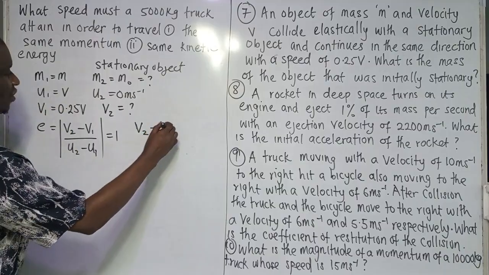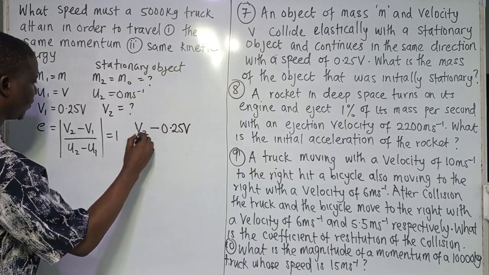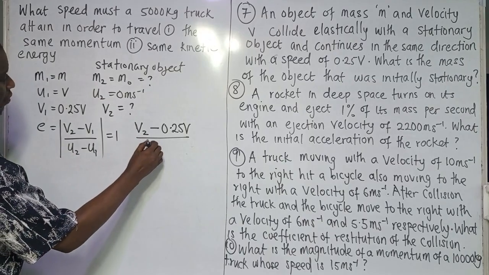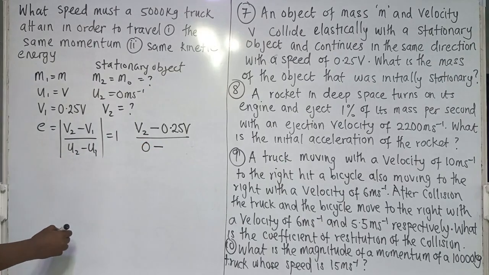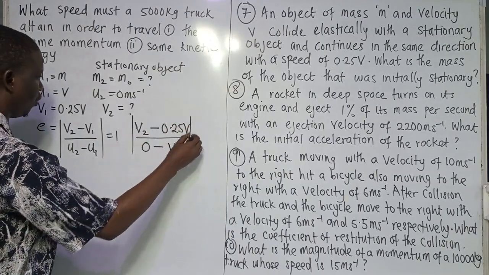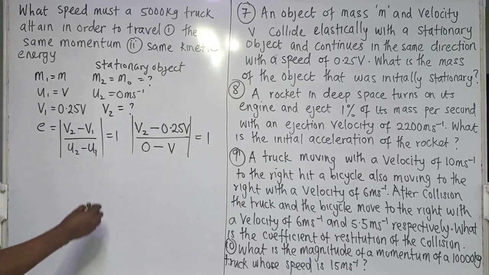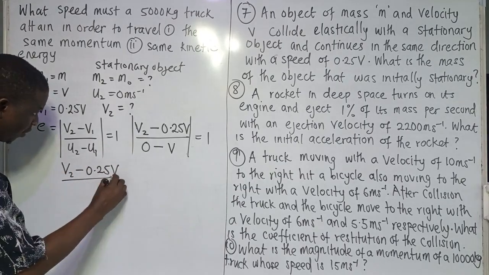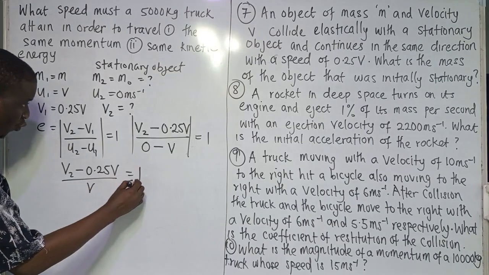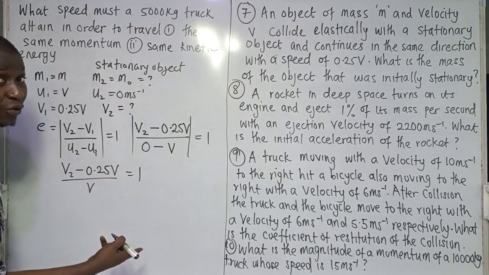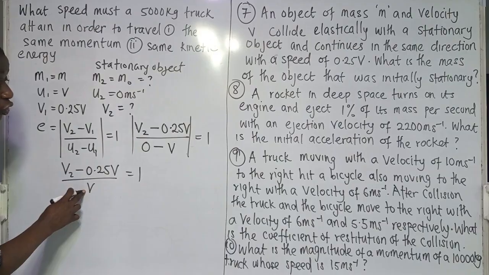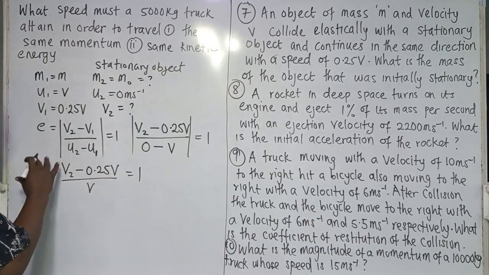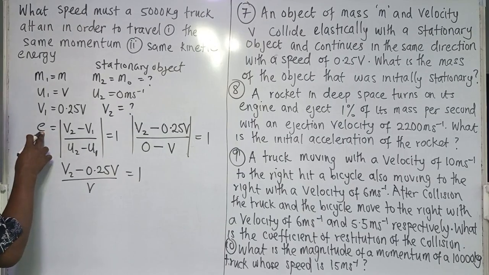V1 is 0.25 V, over U2 is 0 and U1 is V, absolute, equal to 1. So we have V2 minus 0.25 V all over V equal to 1. Because 0 minus V will give us minus V, but because of the absolute, it will turn it to plus. That's the essence of putting absolute there, so that it can counter any doubt, because our e will always be positive.